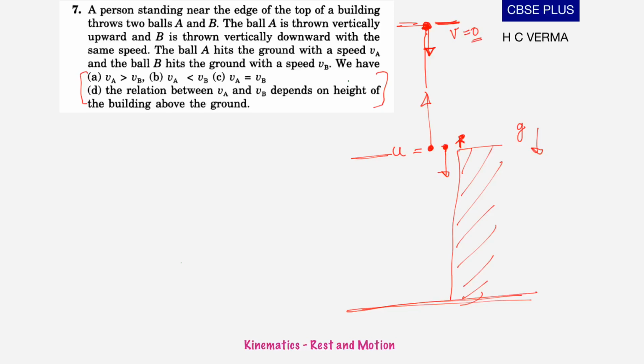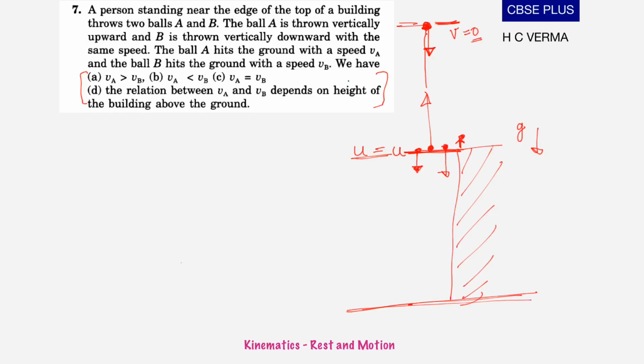Again it will start falling down and by the time it reaches the top of the building, this ball will attain the same speed, which is u, and from here it will start falling further and reach the ground.